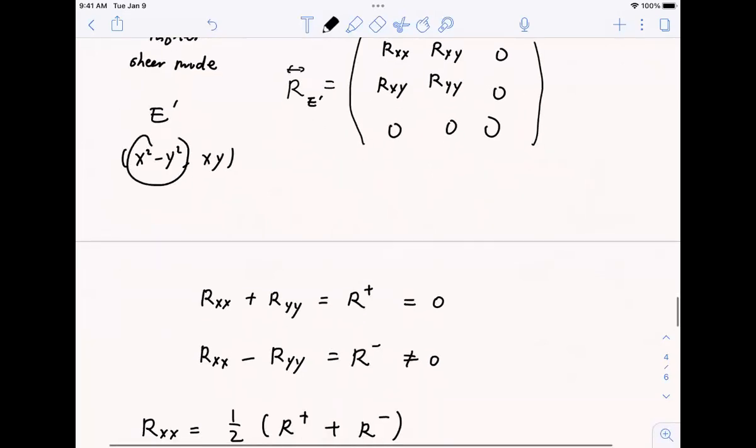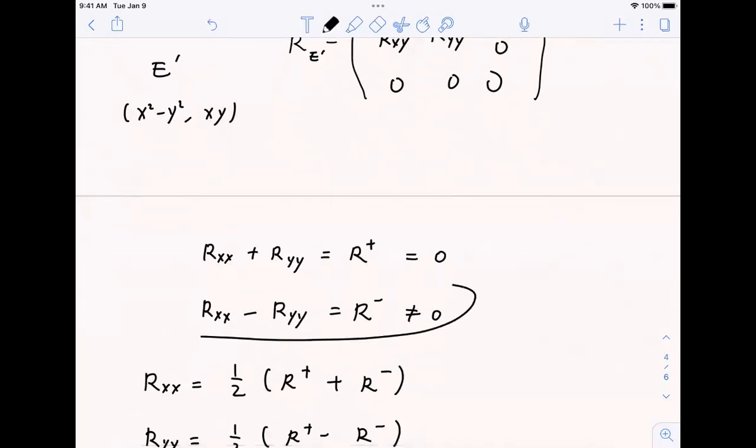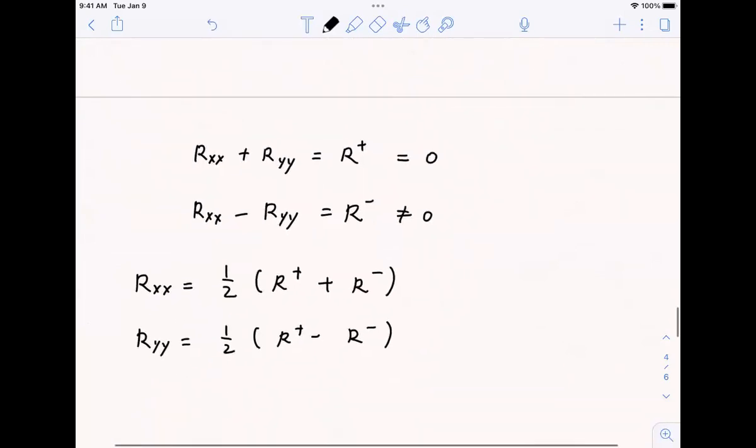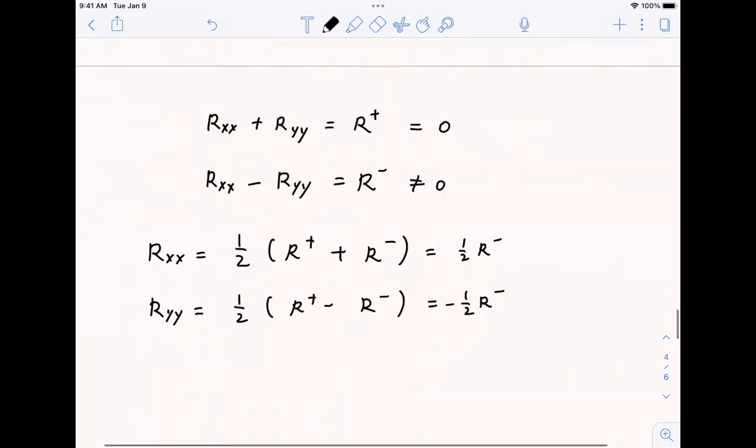So this element is finite, this one is finite, this one is 0. So that means this will be 1/2 this, and this will be negative 1/2.